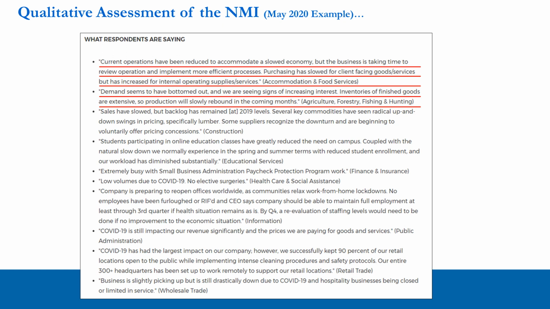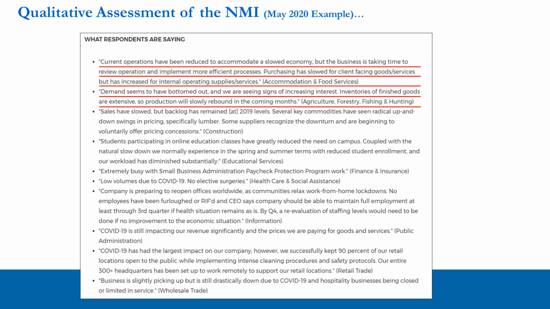So what is happening here? Agriculture, forestry, fishing and hunting are literally communicating to us qualitatively in words that conditions have bottomed and they're bullish. Inventories are high and they're expecting a rebound and for the rebound to continue. What are accommodation and food services telling us?